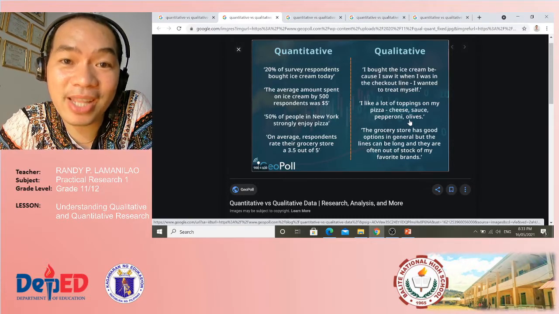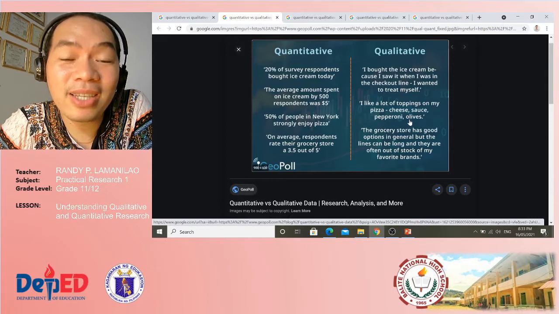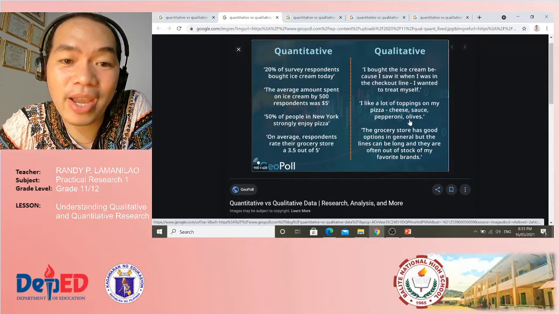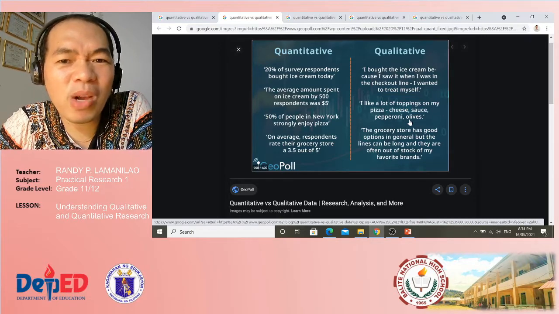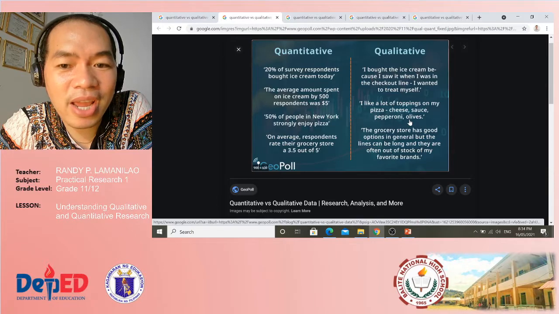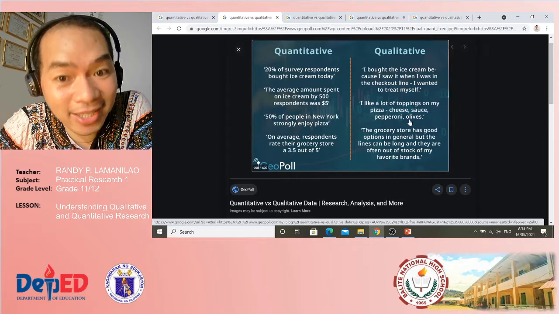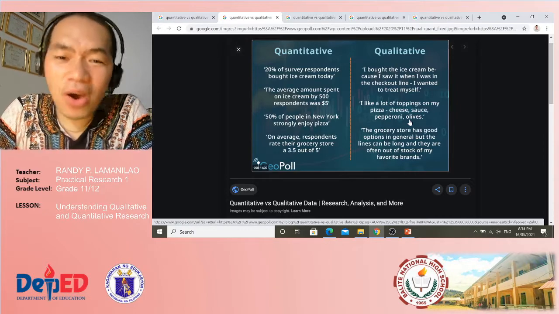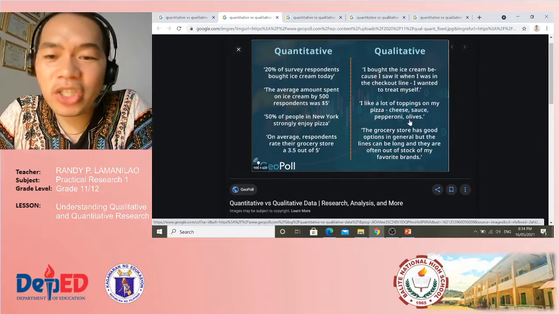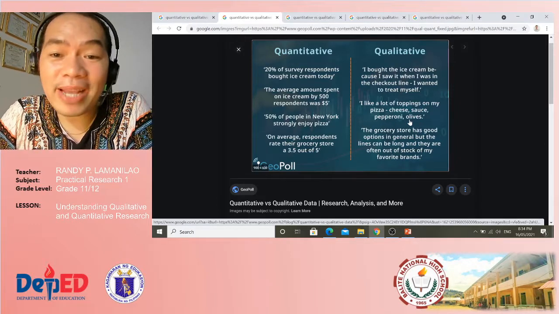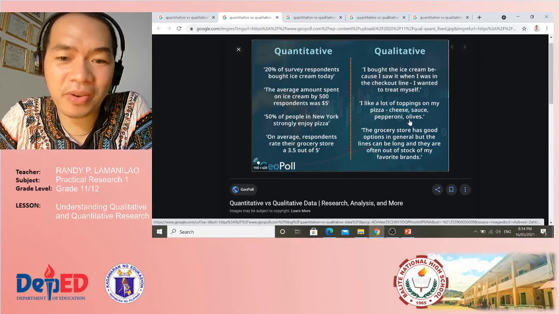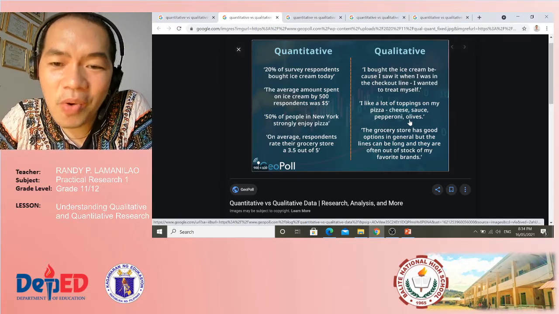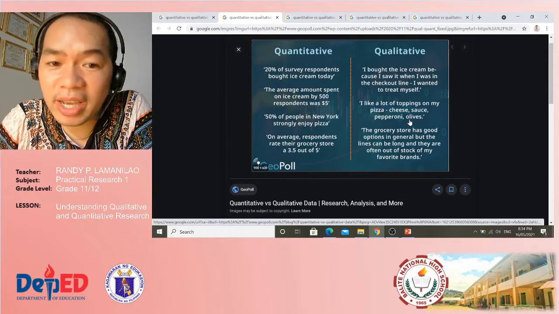Sinasabi 20% daw yung nagsagot ng mga katanungan sa research mo ay bumili ng ice cream ngayong araw. Hindi numero yung pinag-uusapan ng qualitative research. Sinasabi doon kung paano at bakit sila bumibili ng ice cream. I bought the ice cream because I saw it when I was in the checkout line and I wanted to treat myself. See? Are there numbers there in quali? No, there is no any numbers you can see in qualitative.